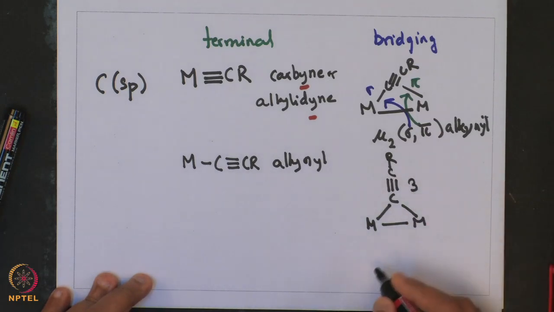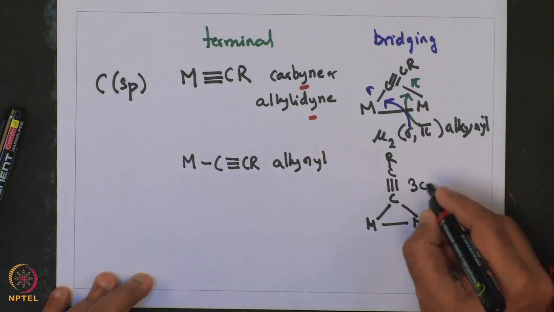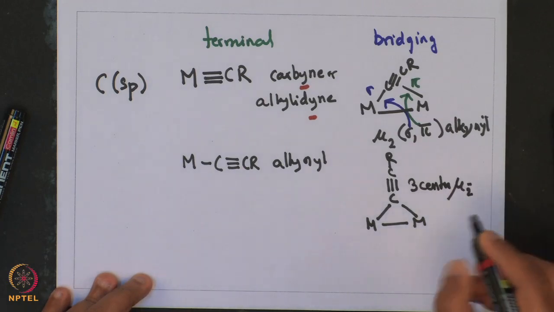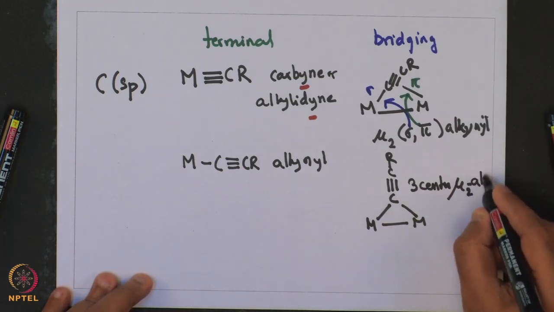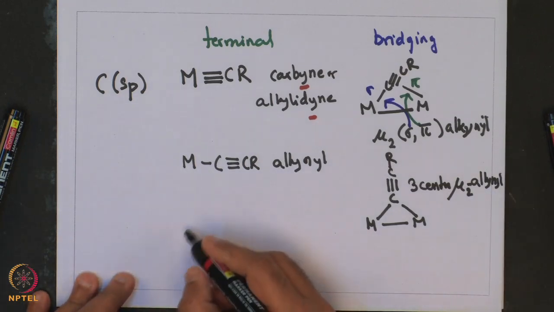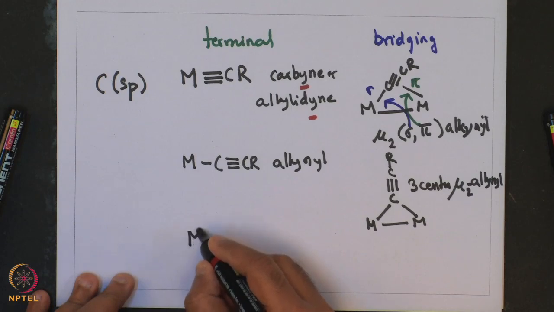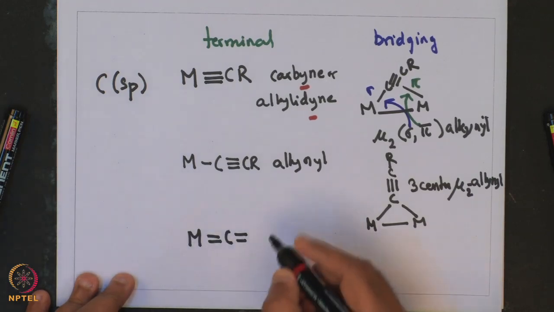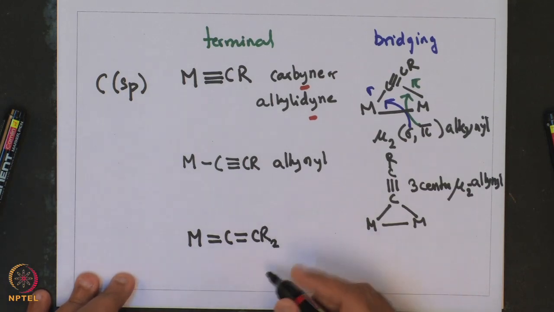So, this is again a 3 center mu 2 alkynyl. And lastly, of sp type, there can be terminal bonds like this, and these are called vinylidene.